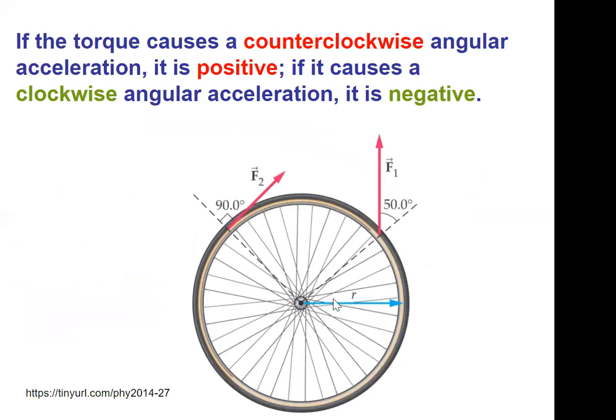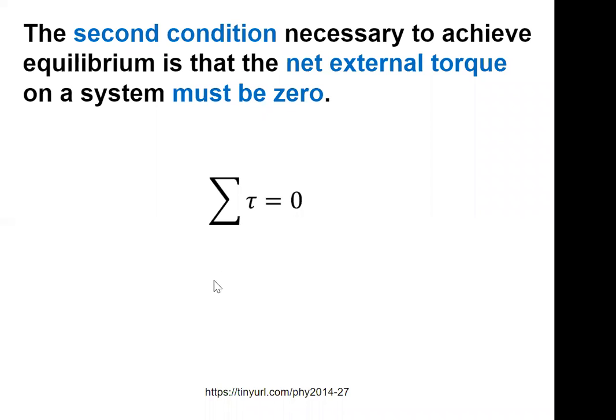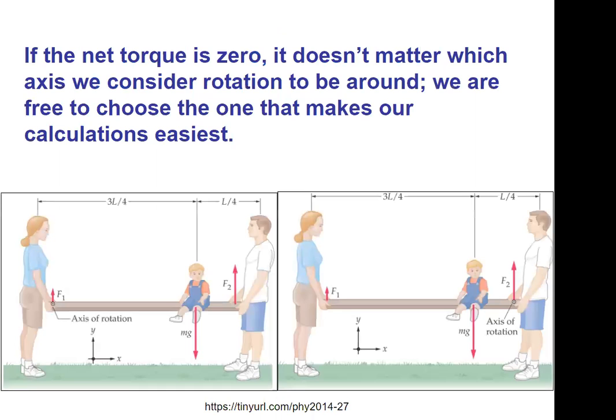For torque, it also has direction: counterclockwise is positive and clockwise is negative. So the second condition necessary to achieve static equilibrium is that net torque should be equal to 0. Both conditions have to be satisfied. If the object is in static equilibrium, then you can pick your axis of rotation as you like.